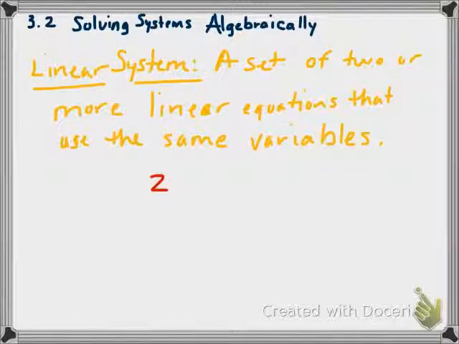So that means that at least you have the same variables, an x and a y. Make sure the other one has x and y. We cannot have one with x and y and then the other one with L and B or A and B or something like that.